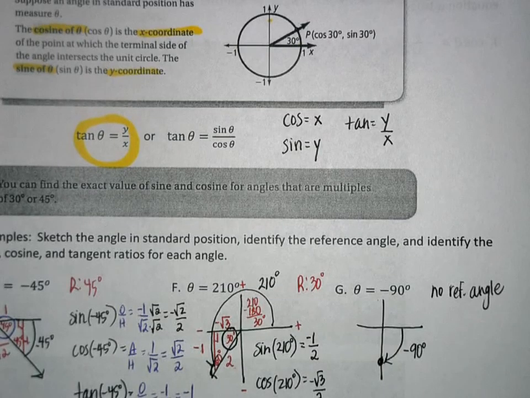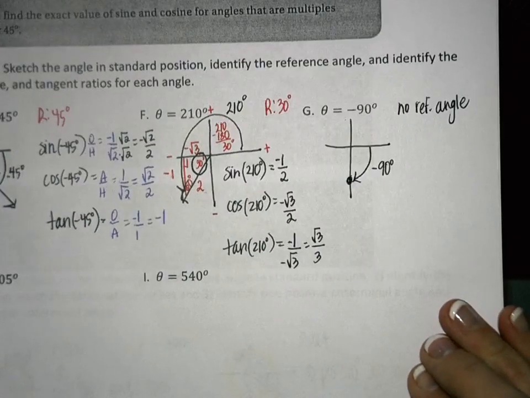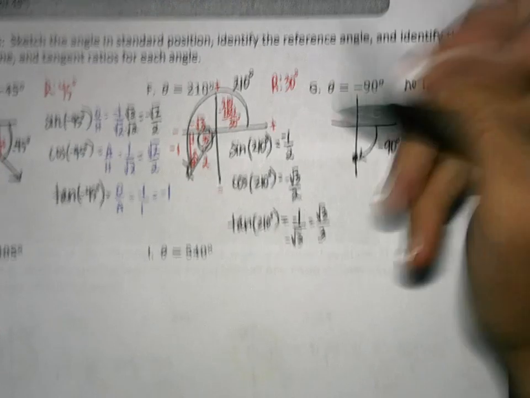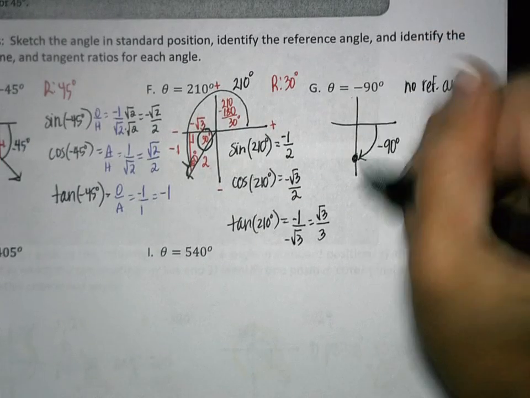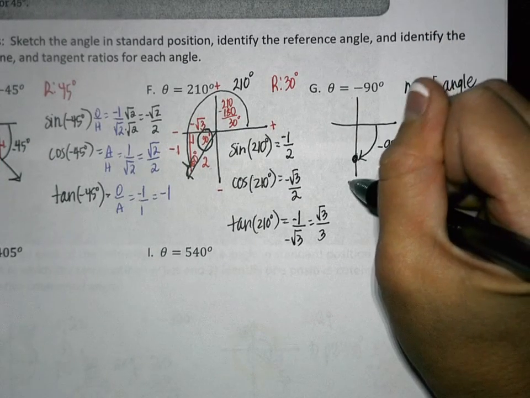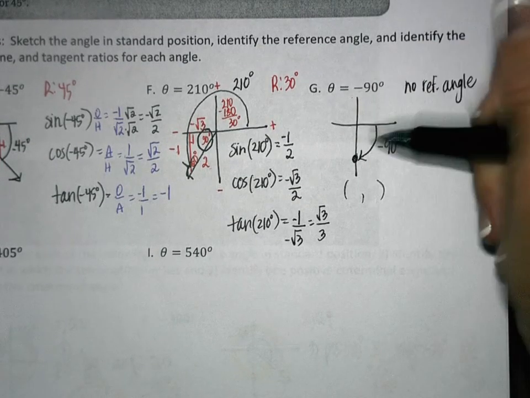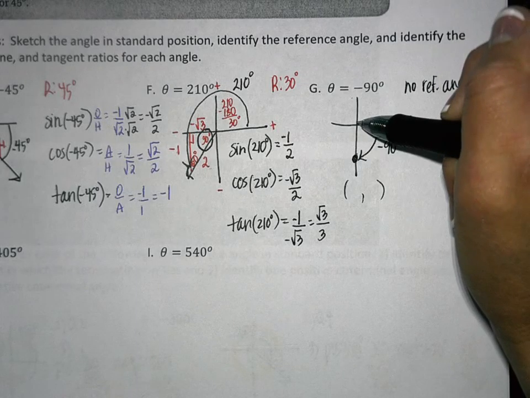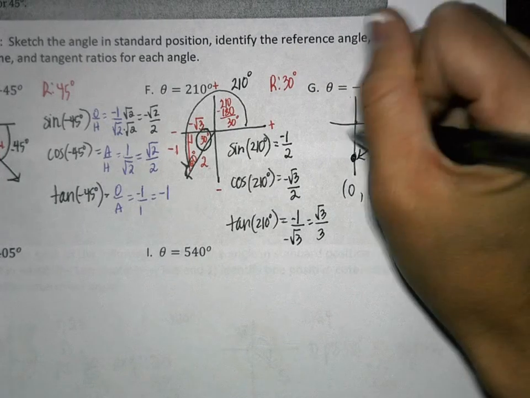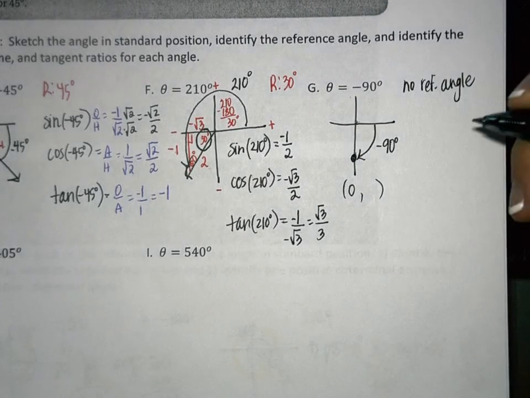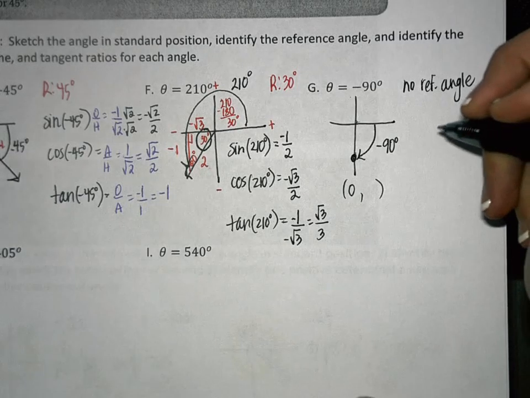So dealing with our unit circle, this point right here is at what ordered pair as a unit? It's going 0 on the x and down 1 on the y, which would make it a -1.